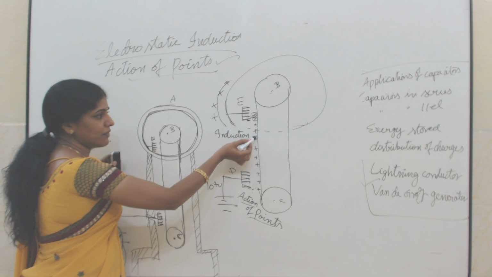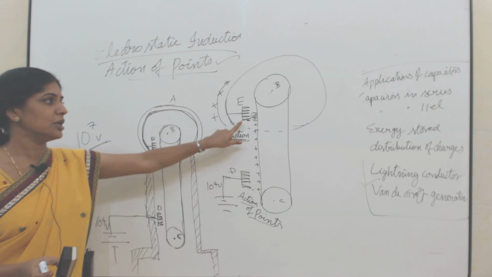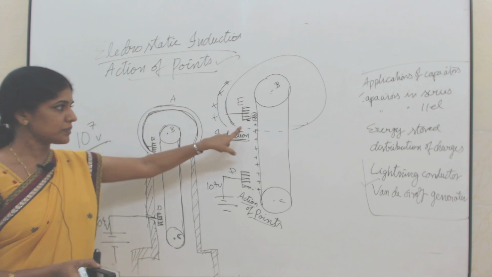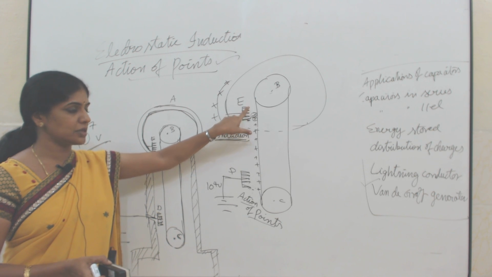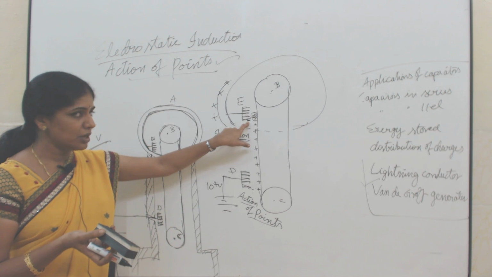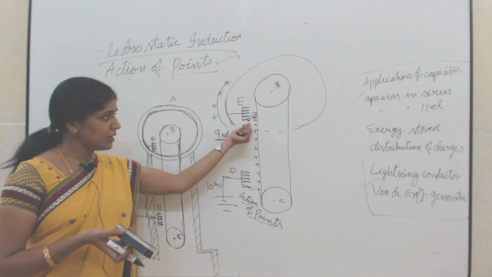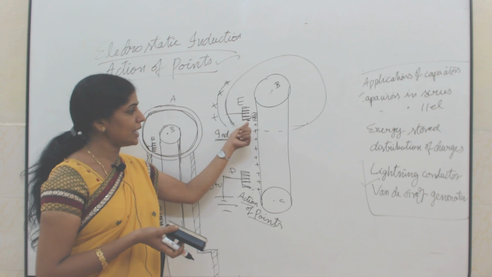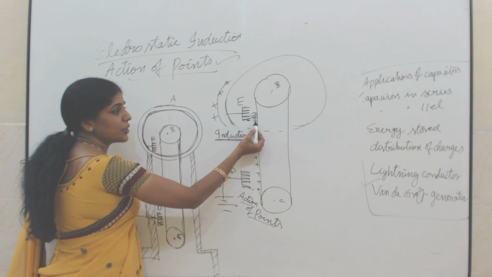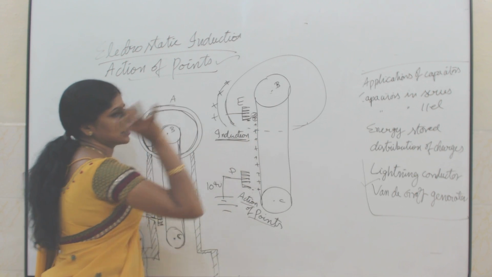So, by electrostatic induction, the comb E gets the negative charge and the sphere gets the positive charge. These negative charges will neutralize the positive charge of the silk belt before it reaches the pulley.